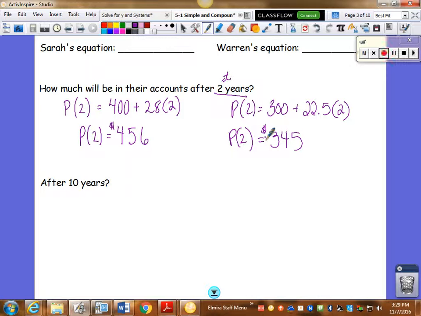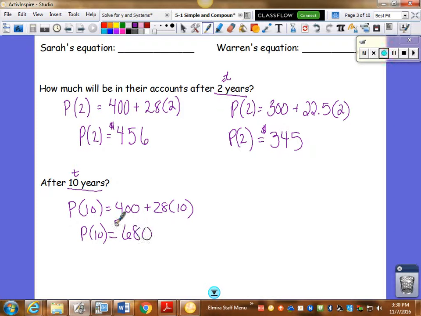After 10 years, same idea. We're going to sub that in for t. So P of 10 would be $680.